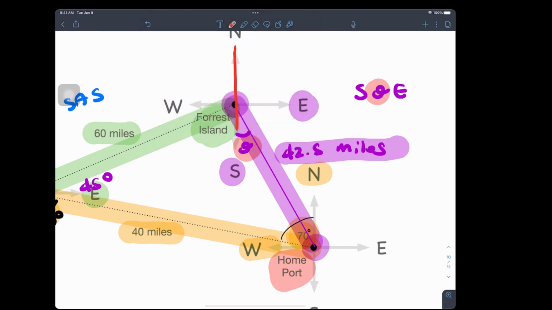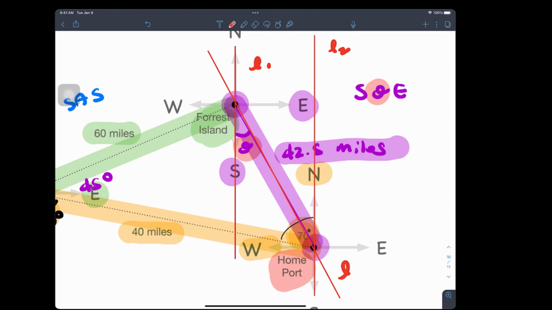If this is a line here, if this is L1 and this is L2, let me see if I can do that there. Maybe barely. Okay, this is some line L. That theta is the same as this theta.